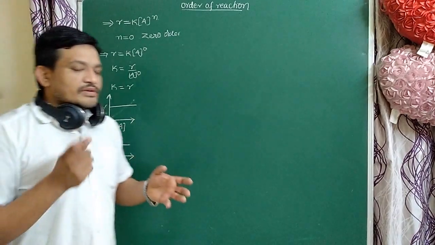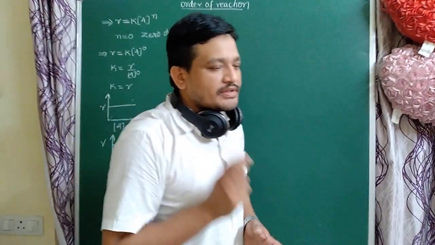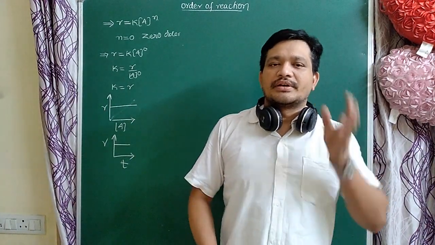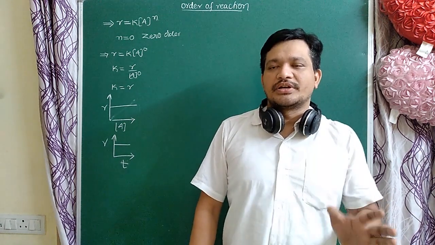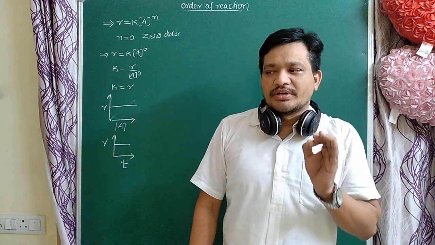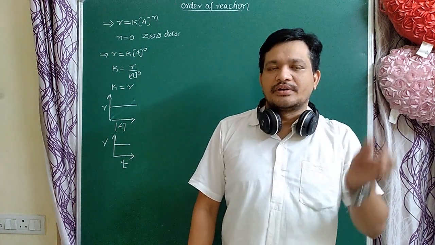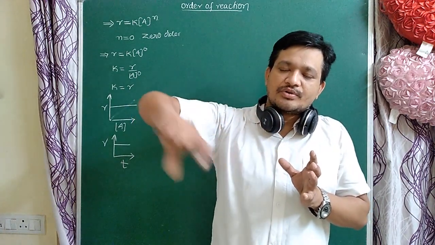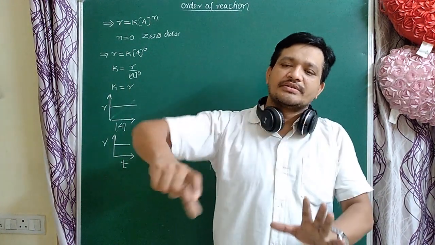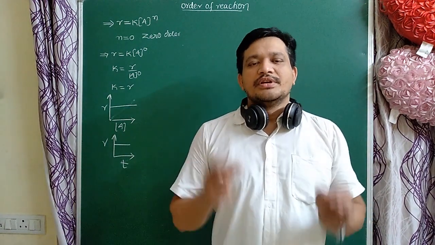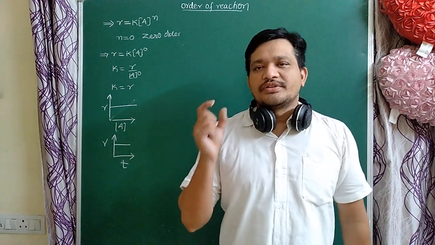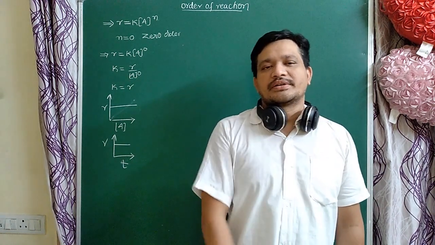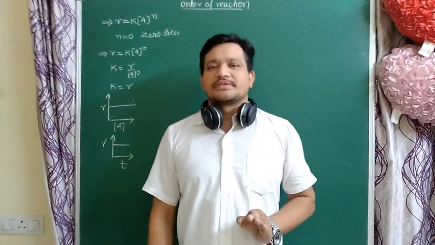So whether the concentration of A increases or decreases, the rate remains constant, and as time increases, the rate remains constant. These types of reactions are called zero order reactions. The units of the rate constant equal the units of the rate.